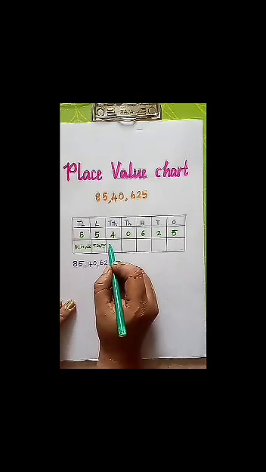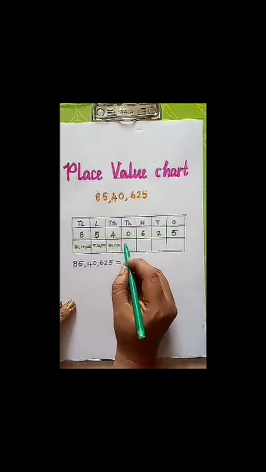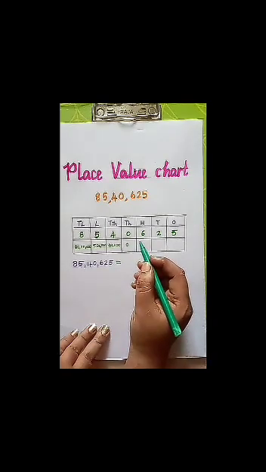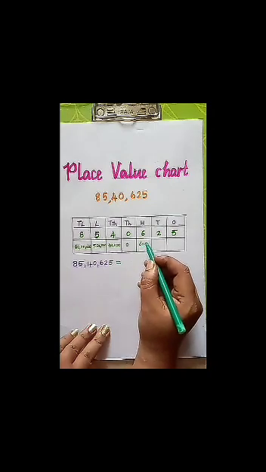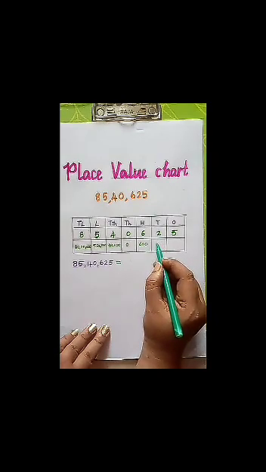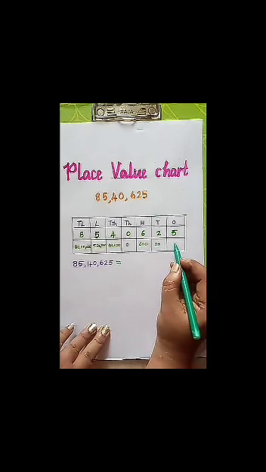The place value of 4 is 40,000. The place value of 0 is 0. The place value of 6 is 600. The place value of 2 is 20. The place value of 5 is 5.